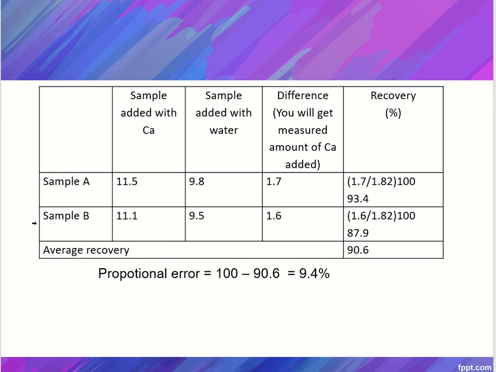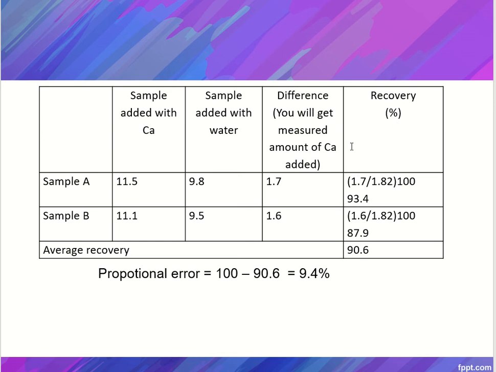And this is sample B. This is the result of sample B after you added calcium, and this is the result of sample B after you added water and measured. And you calculate the difference. This one minus this, you get 1.6. This one minus this, you get 1.7.